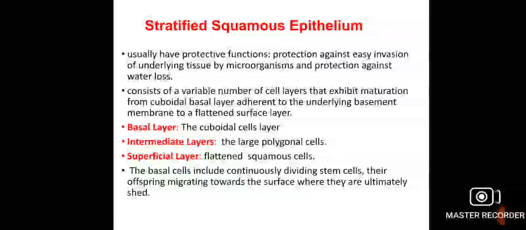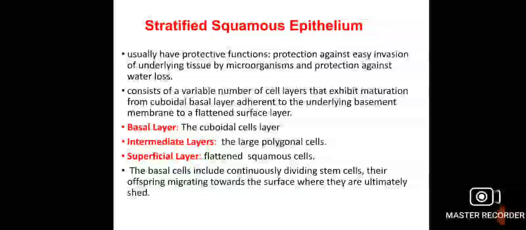Stratified squamous epithelium usually has protective functions: protection against easy invasion of the underlying connective tissue by microorganisms and protection against water loss. It consists of a variable number of cell layers that exhibit maturation from a cuboidal basal layer adherent to the underlying basement membrane to the flattened surface layer.